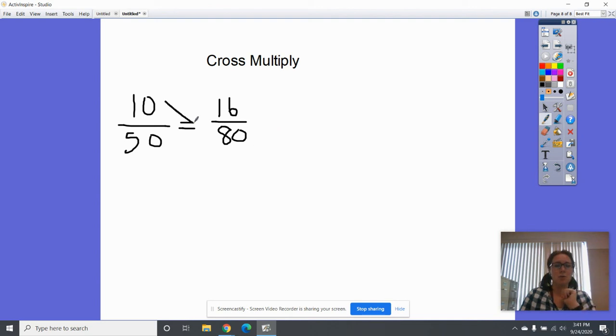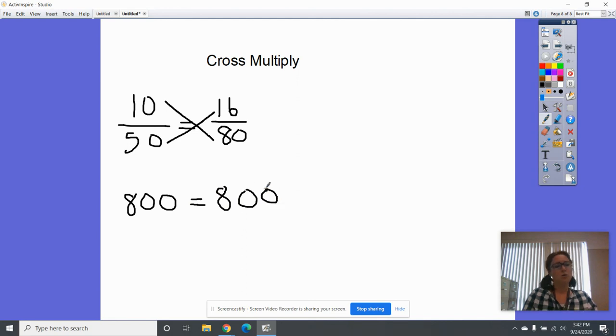That means I multiply diagonally across. So I do 10 times 80, which happens to be 800. And I multiply diagonally across. See how it makes kind of this multiply sign, this X sign. 50 times 16, it does indeed equal 800. And because those two are the same number, yes, these two fractions are proportional.